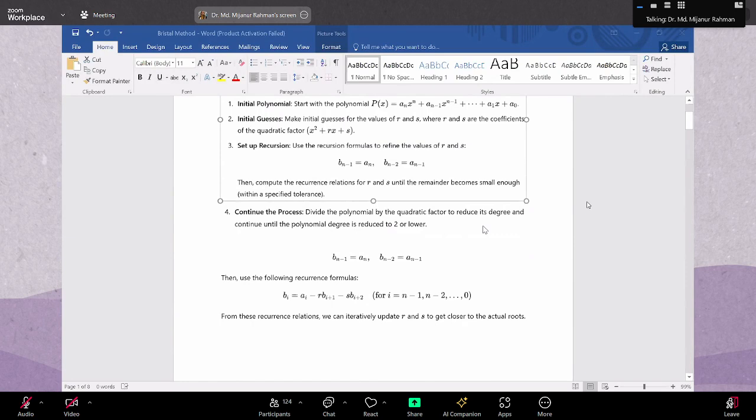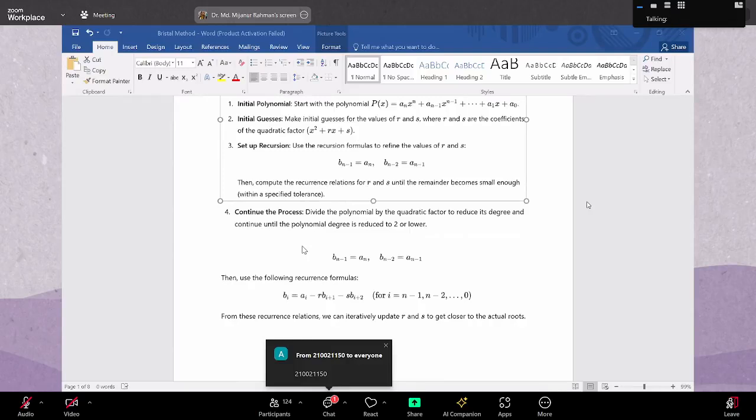And then we have to use the recurrence relationship to determine the value of equation 2 that we already wrote in our previous class. That means the coefficients of the equation after division.